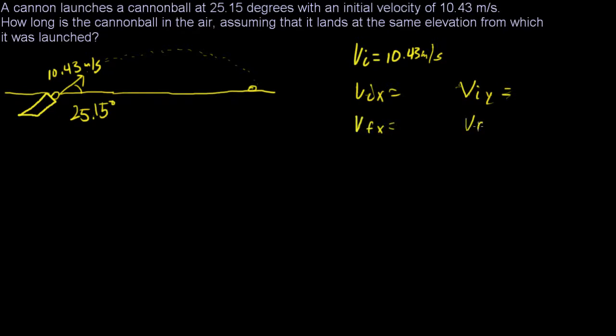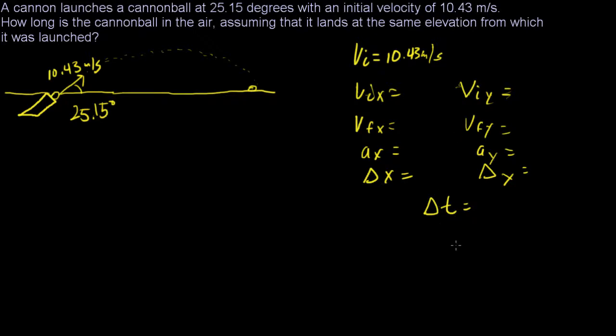We could possibly have a VFY. We could have an AX. We could have an AY. And we can have a delta X and a delta Y. And we can also have just delta T. And delta T is constant. It doesn't have a direction because it's just time. So here are all of our possible variables here.